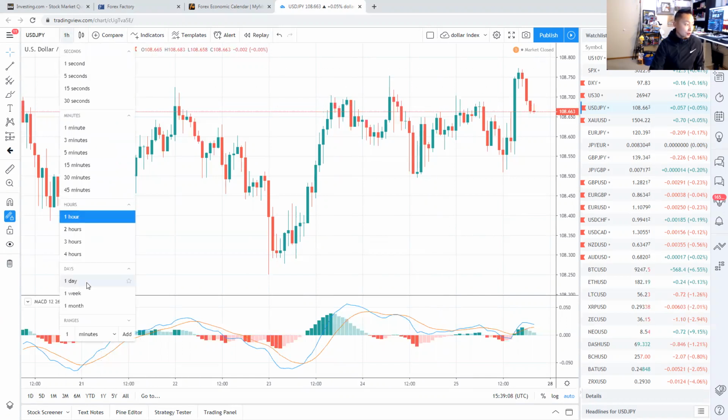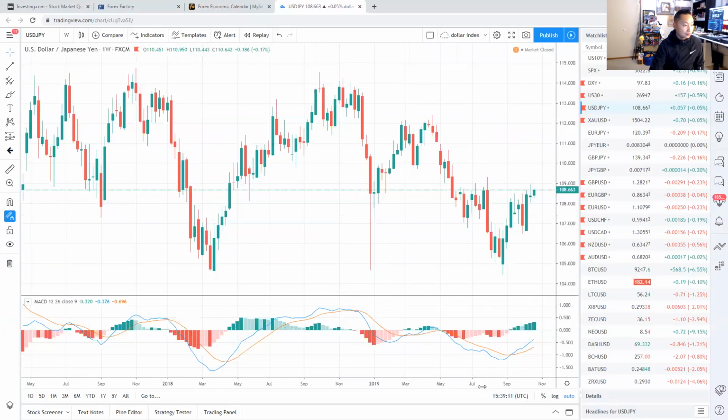Here, let me show you the weekly. Notice what I love about using it on long term: you can clearly see when this crossed over, you can clearly see green, right? Bulls are in control. You can clearly see the uptrend that's starting to peak back up.